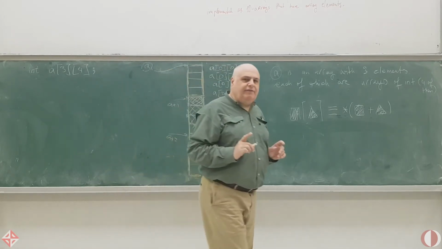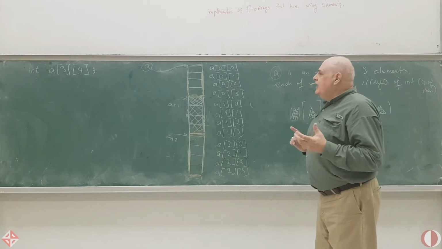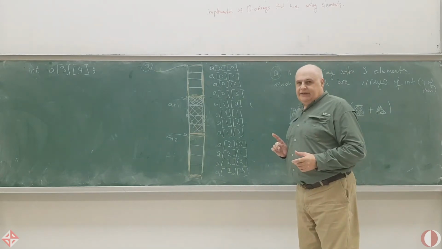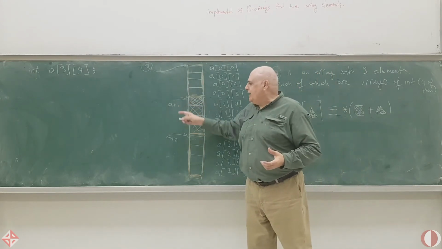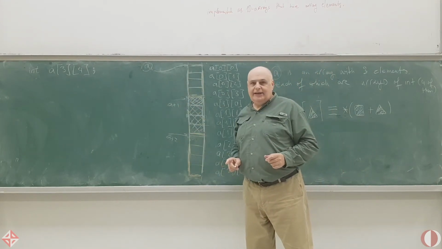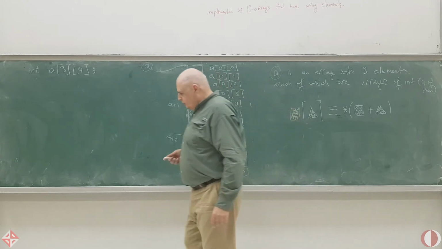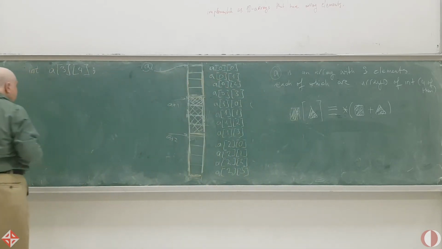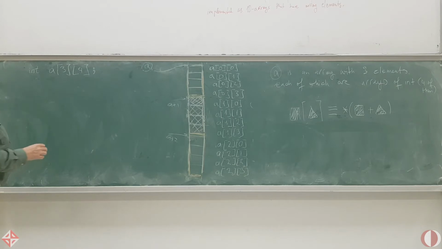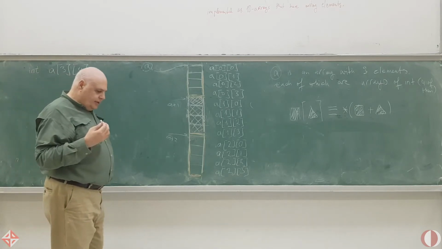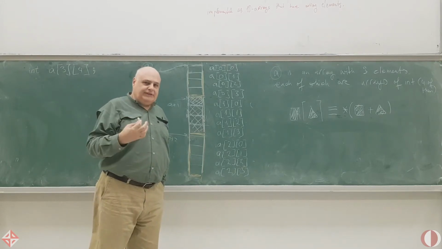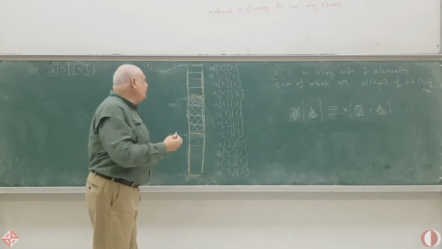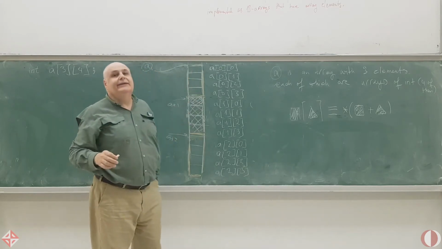Now, how can we construct pointers which act like that? We want to say this is a pointer which points to what?